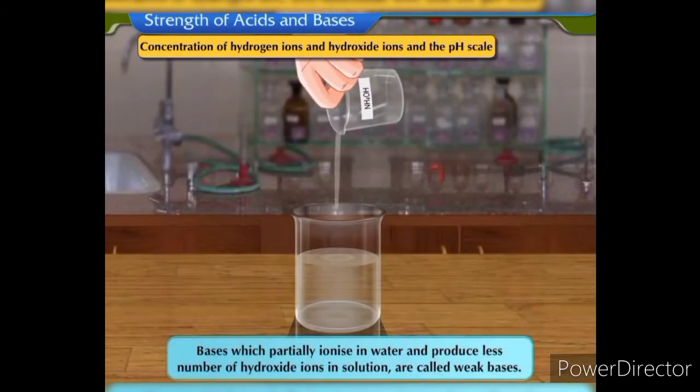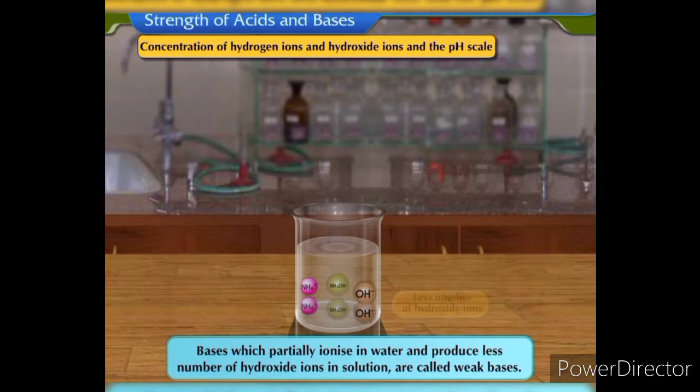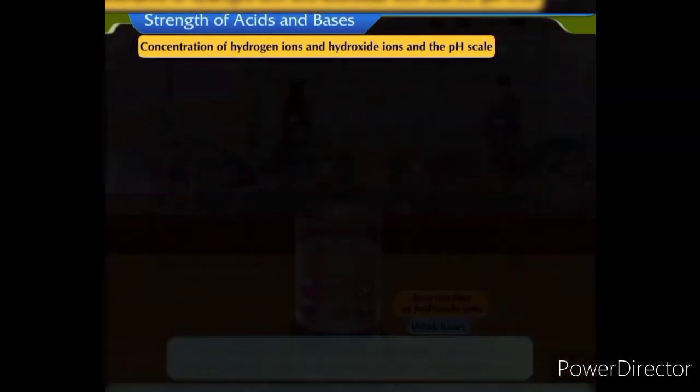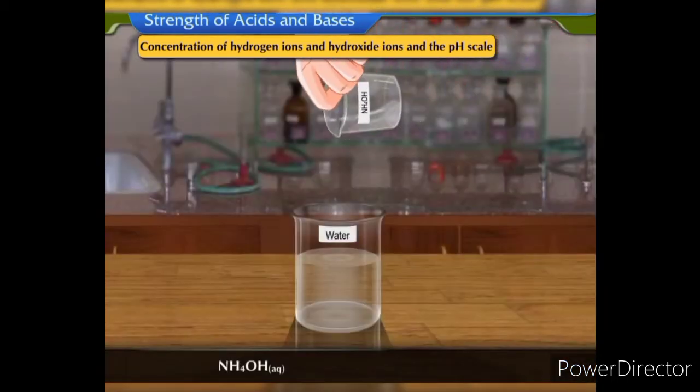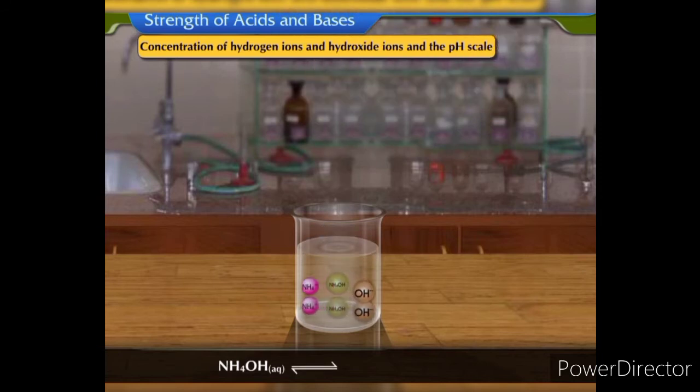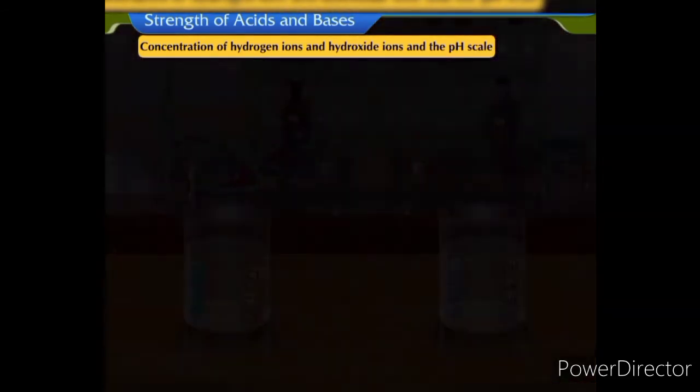Bases which partially ionize in water and produce a smaller number of hydroxide ions in solution are called weak bases. For example, ammonium hydroxide dissolves in water to produce ammonium ions and hydroxide ions.